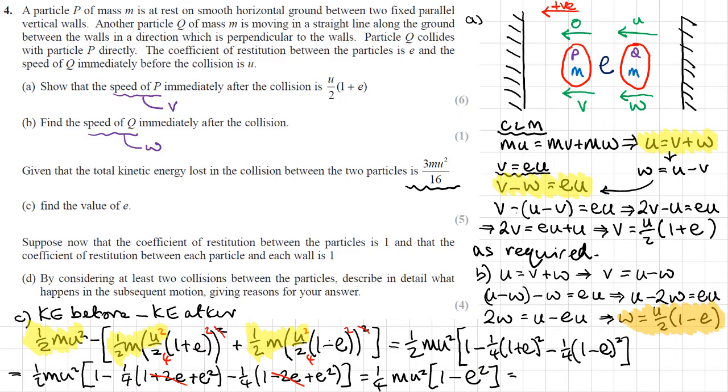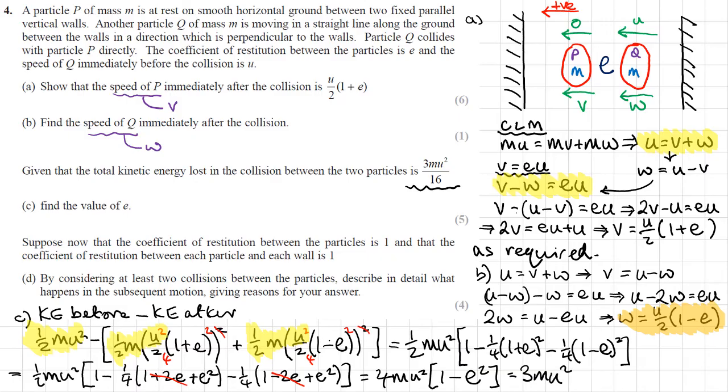Now at this point I'll write down what it's equal to. So that's 3mu squared over 16. I'll times both sides by 16. So 16 times a quarter, that means I'll get 4 on this side, and I can get rid of the divide by 16, so that'll be 3mu squared.